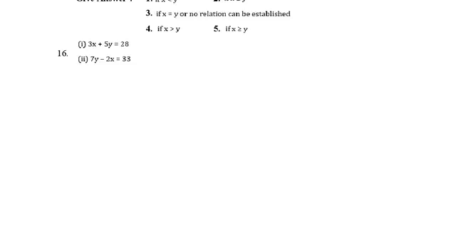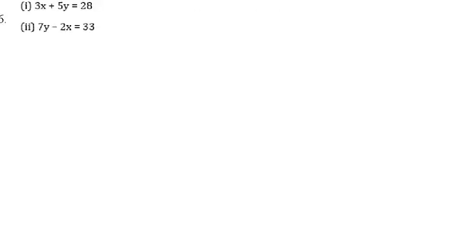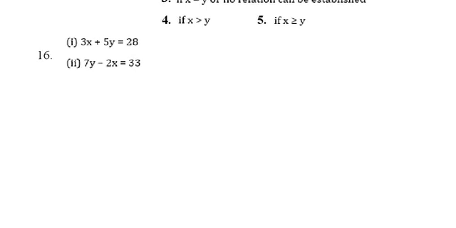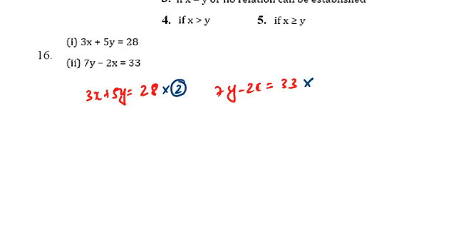See the first question. 3x plus 5y is equal to 28. 7y minus 2x is equal to 33. Now I am multiplying the first equation with 2, second equation with 3.